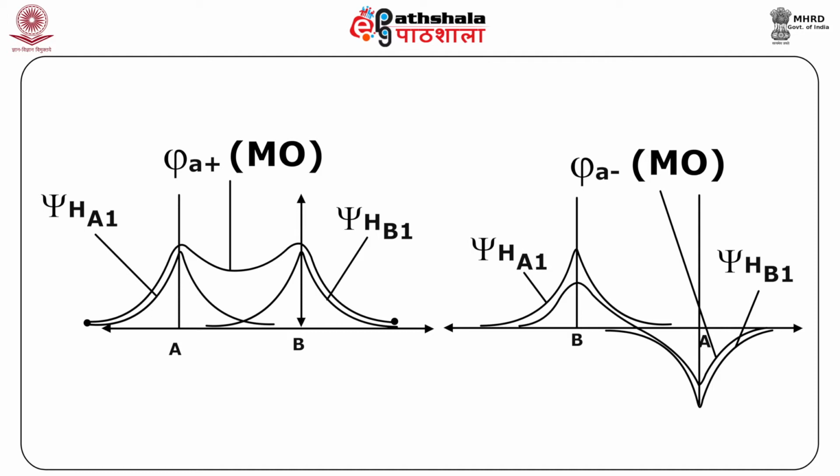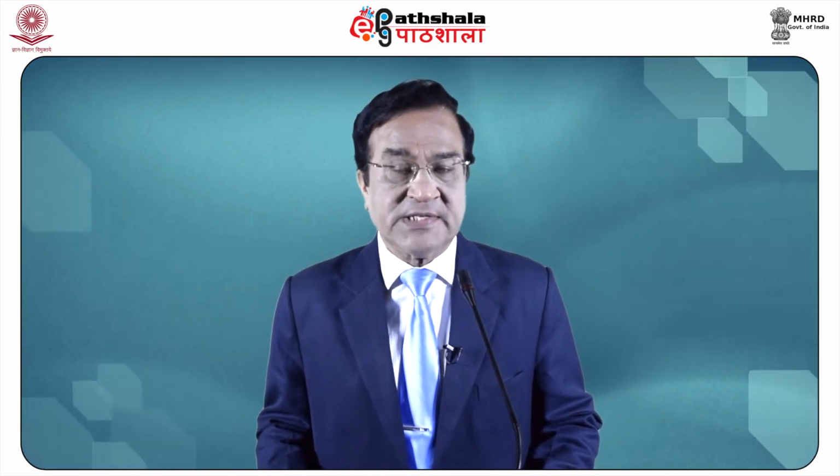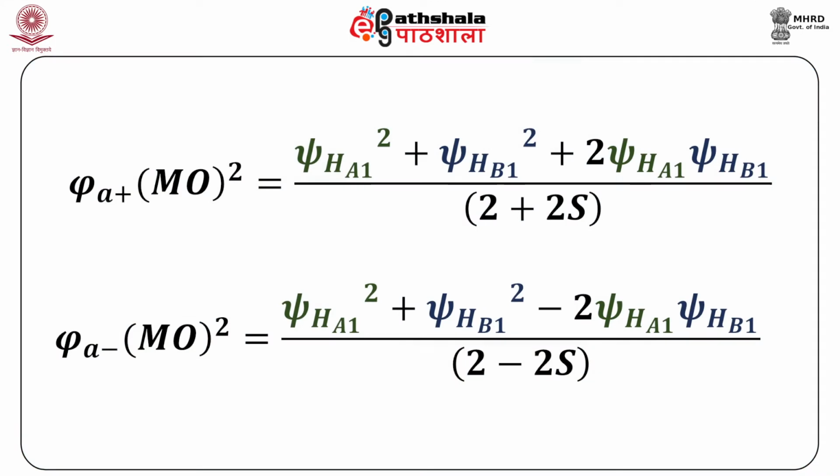And this minimum is very well reflected in the probability density plots. Probability densities, as you know, are the squares of the corresponding wave functions, and in the case of bonding and anti-bonding molecular orbitals, these are given by the expressions shown here.